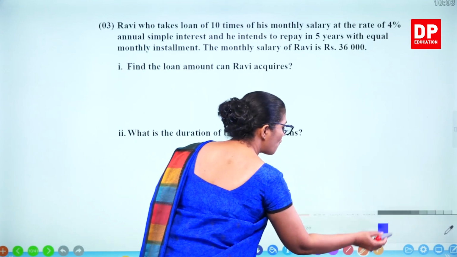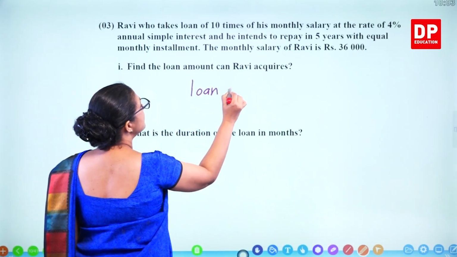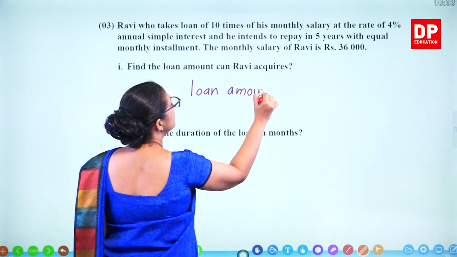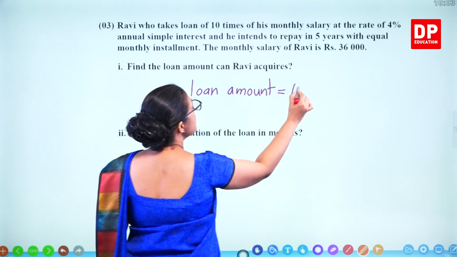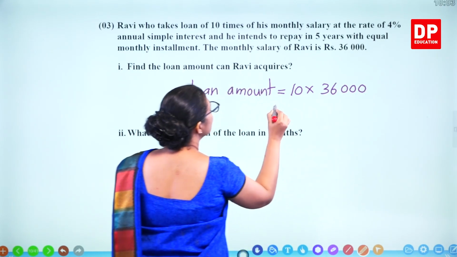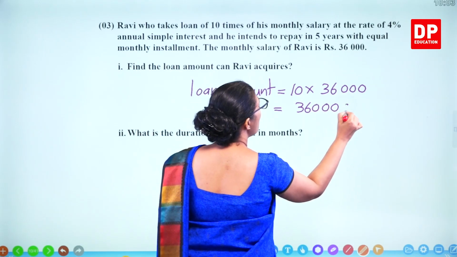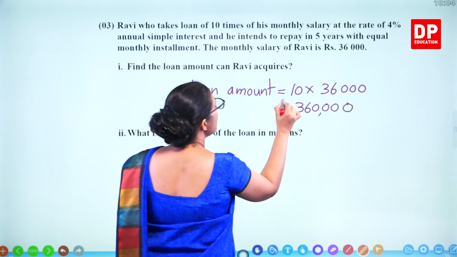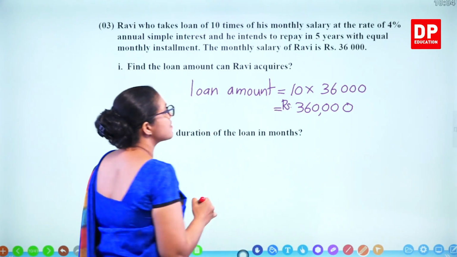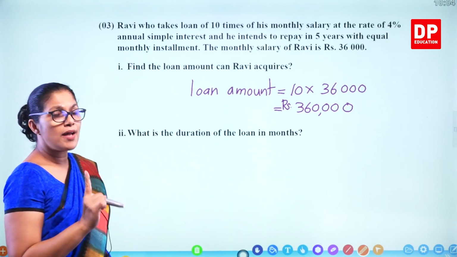So 10 times of that. So the loan amount is 10 times of 36,000. 360,000 rupees. What is the duration of the loan in months?